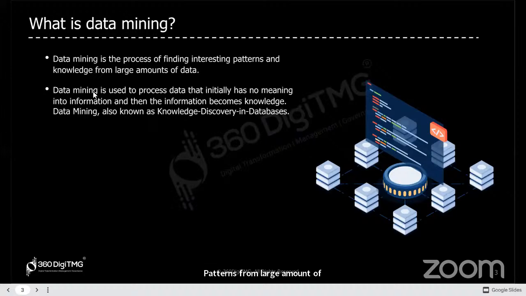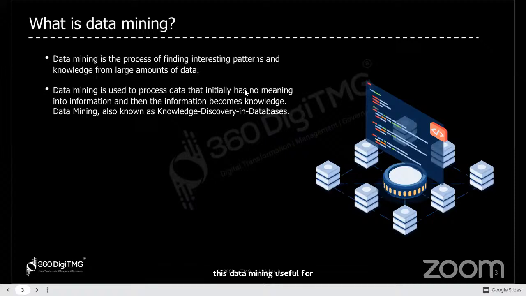So what is this used for? Data mining, we will use it to process the data that initially has no meaning. You have already done a lot of data preprocessing in Python, so you must know what it is when you receive raw data that is not properly prepared for analysis purposes.